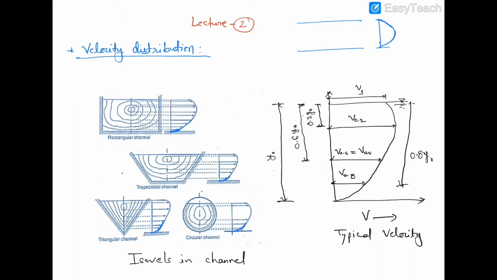Here you can see the velocity is 0 at the boundary, and as we move away from the boundary the velocity increases. The interesting thing in velocity distribution in case of open channel is that the maximum velocity occurs at a certain depth below the free surface of water. Okay, and this depth is known as dip.